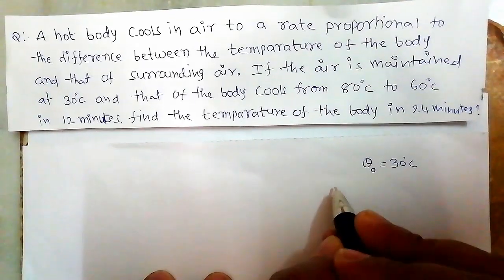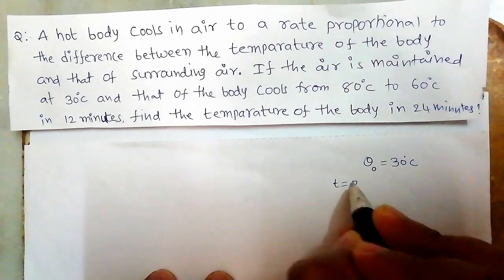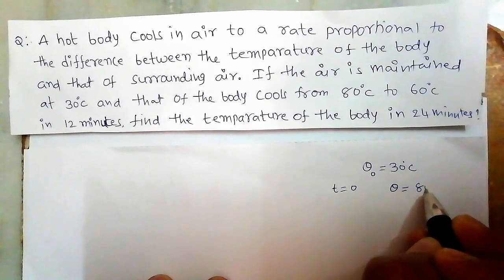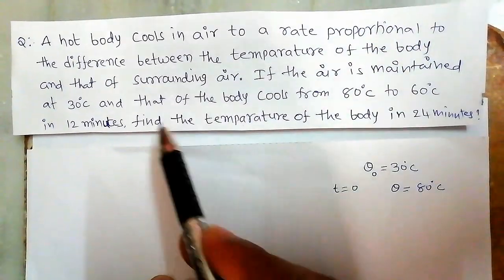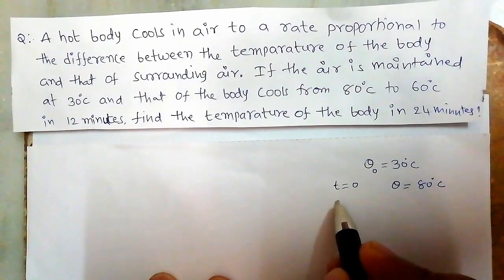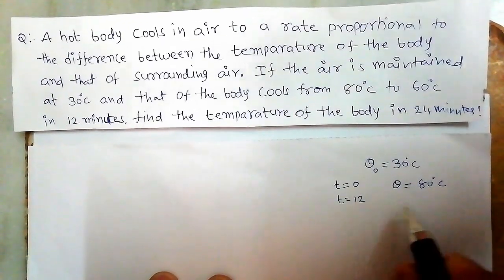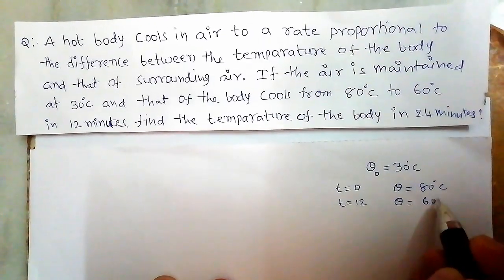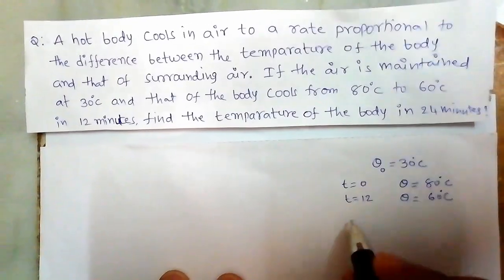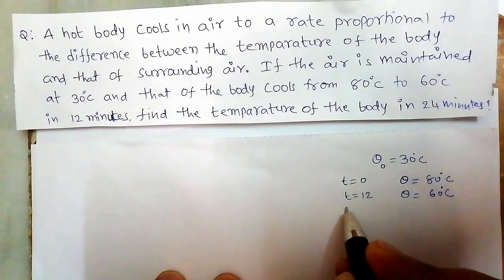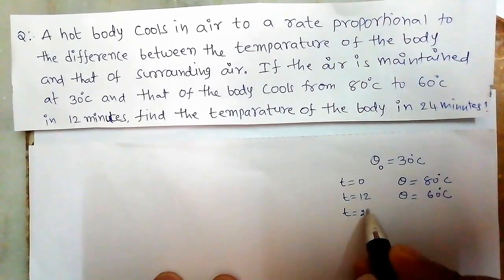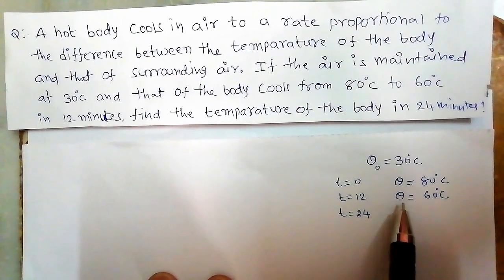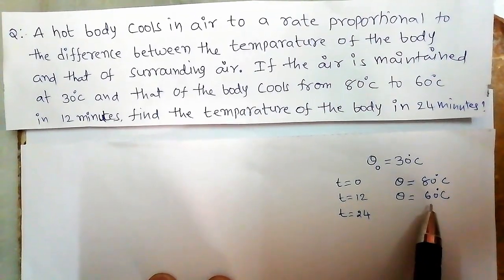That means when t equals 0, the temperature of the body, I am taking theta, equals 80 degrees Celsius. After 12 minutes, that means if t equals 12 minutes, the temperature of the body theta becomes 60 degrees Celsius. Now I am finding the temperature of the body at 24 minutes. That means the temperature of the body should be below 60 degrees.